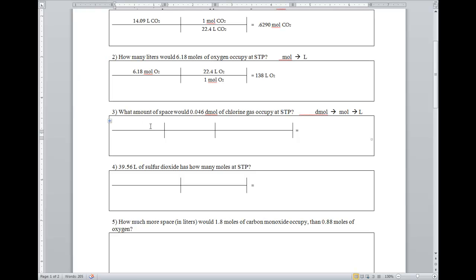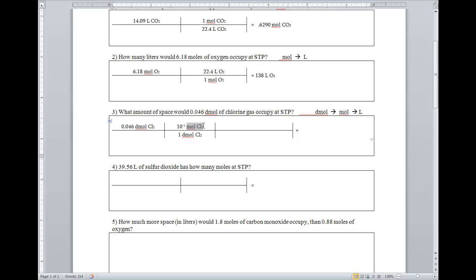So let's start off with our given amount of 0.046 decimoles of chlorine gas. Because we have decimoles of chlorine gas here, we want to get rid of it, so we'll put it diagonally here, converting to moles of chlorine gas as such. Now once we have this set up, this gets to 1 because it has a prefix, and deci is 10 to the negative first.